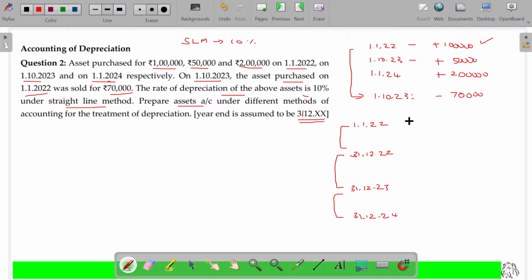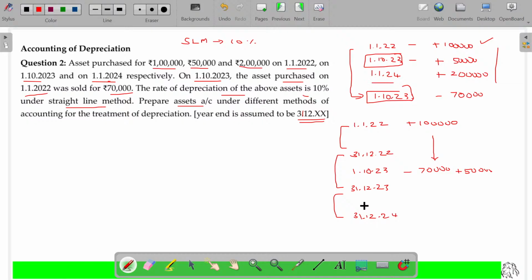As per the information we have been given, on this date we purchased for 1 lakh, and on 1/10/23 we purchased another asset for rupees 50,000. This asset was sold for 70,000. On this date we purchased one new asset and sold the original asset purchased on 1/1/22.